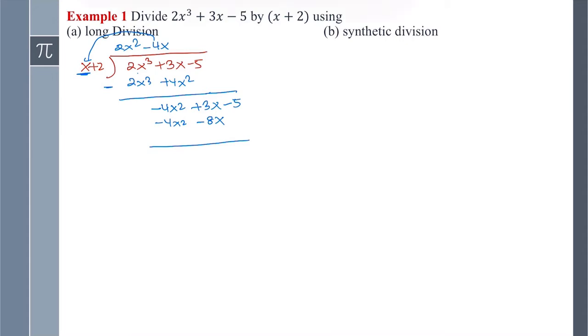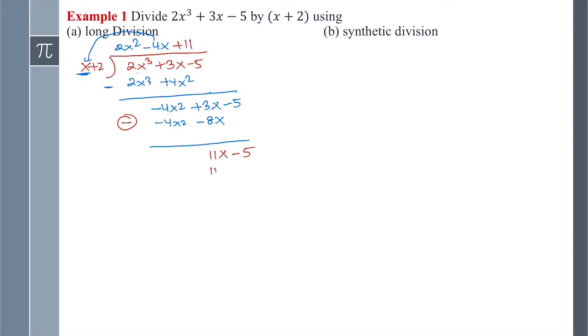We are going to subtract now. Negative 4x squared minus negative 4x squared is 0. And then we have 3x minus negative 8x, which is 3x plus 8x, and that is 11x. And then we have that negative 5. We'll bring that down here. Now again, we need to get 11x, so we'll multiply by 11.